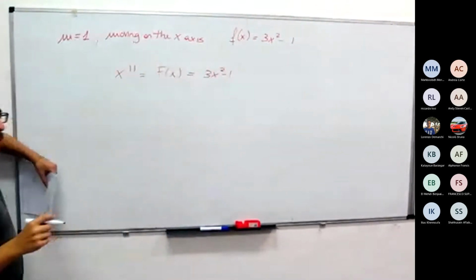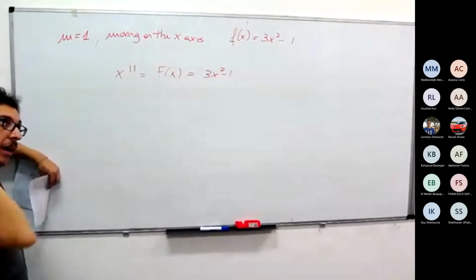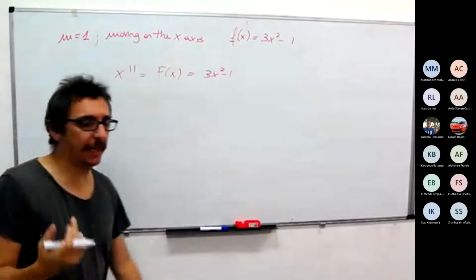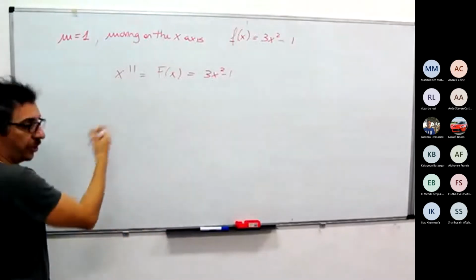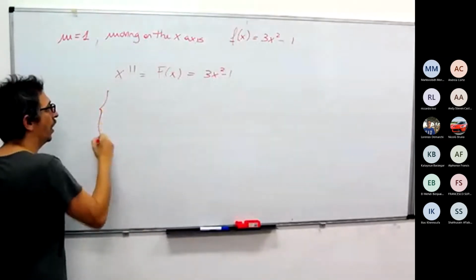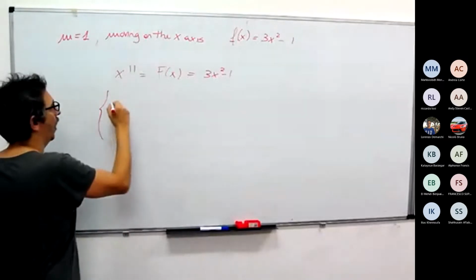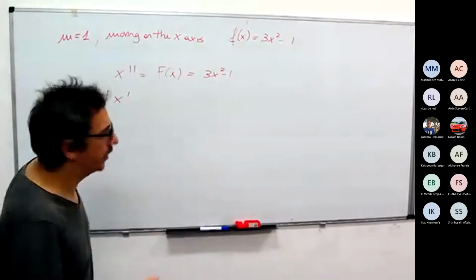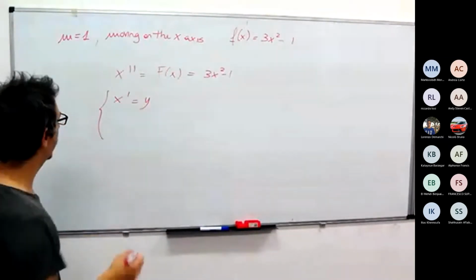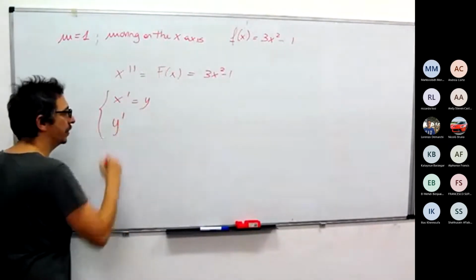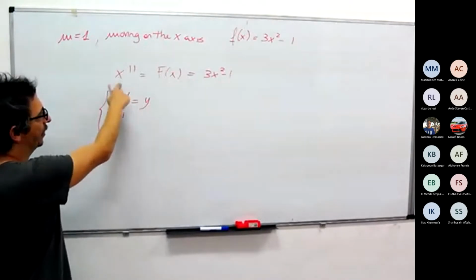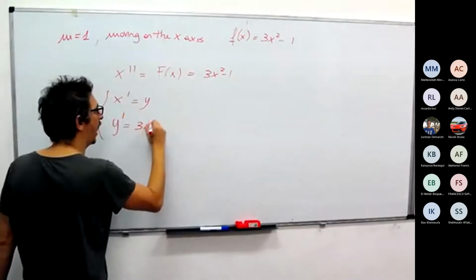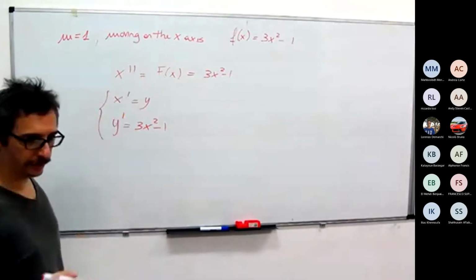So we have seen two weeks ago that it's possible to turn these kinds of equations into a system of first order ordinary differential equations. So what I can do is to define the velocity y, which is equal to x prime, so x prime equal to y, and then y prime is x prime prime, so this guy here is equal to 3x squared minus 1.